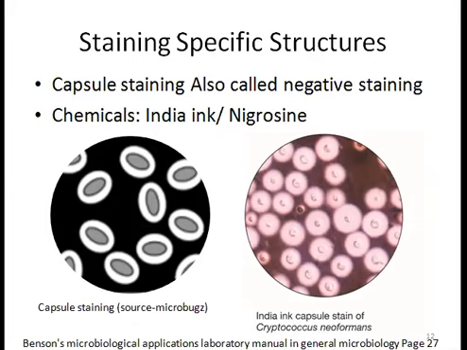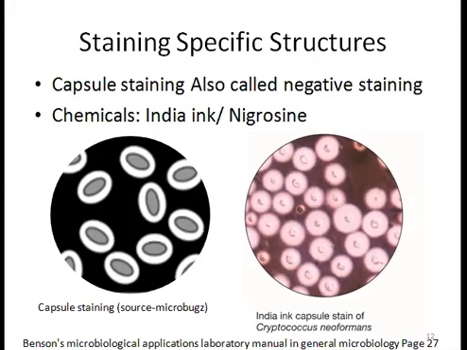After air drying, the cells appear as lighter bodies in the blue, black or black background because ink and dye particles cannot penetrate either the cell or its capsule. Thus, capsule staining is an example of negative staining.